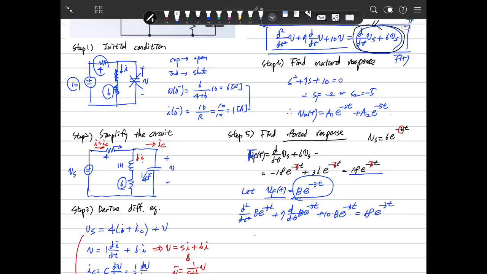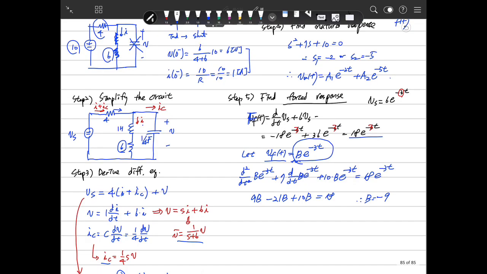Then this is 9b minus 21b plus 10b is 18. Therefore, b is minus 9. Therefore, v of t will be minus 9 exponential minus 3t. We got the forced response over here.